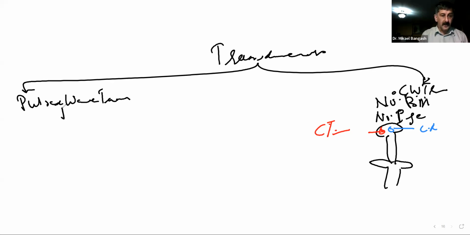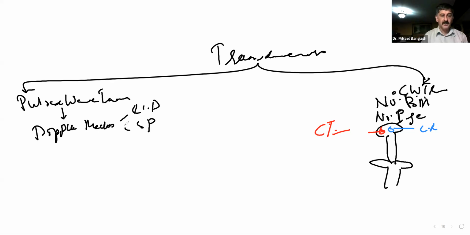Now, when these transducers are used in Doppler mode, it doesn't really matter whether we talk color Doppler or spectral Doppler. There can actually be two modes.